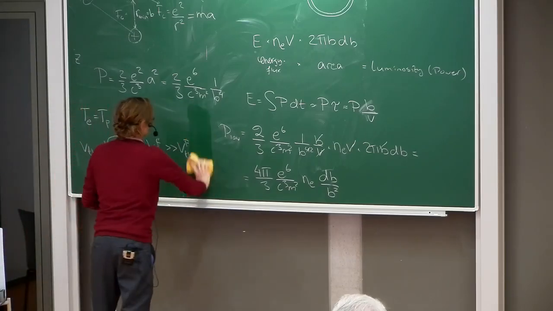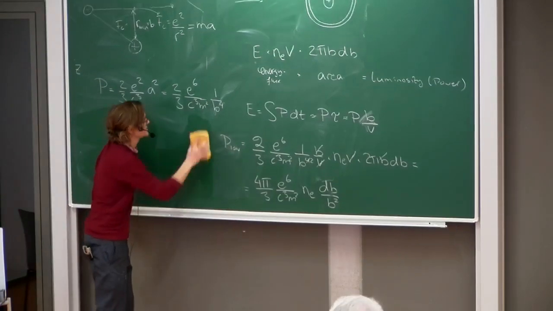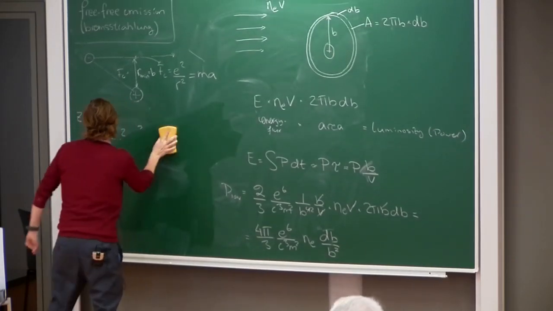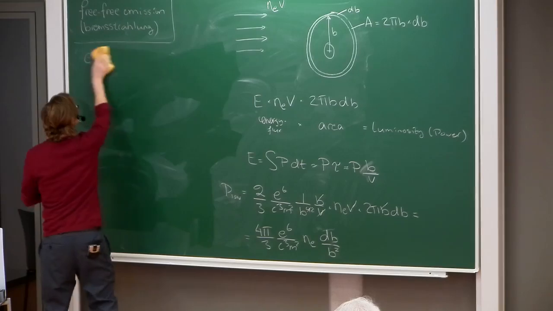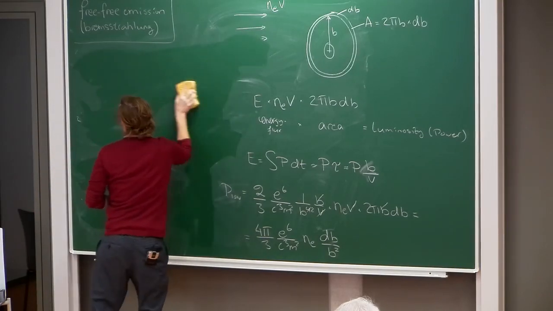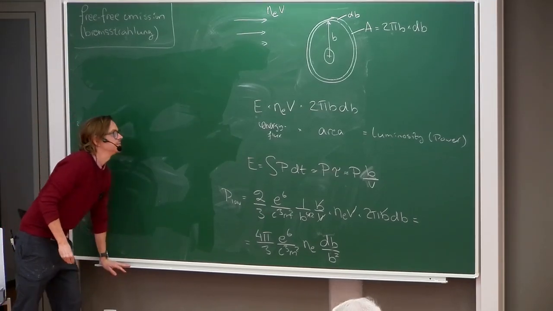So it's useful for us, instead of doing this now within an annulus, to consider the typical frequencies of radiation, which we can, since we're again in the limit.